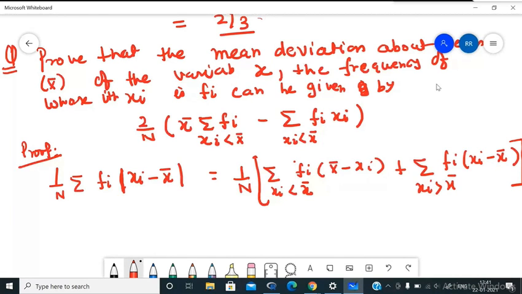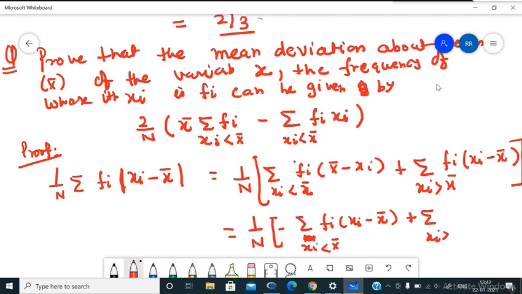Now the rest you have to do by yourself. I'm writing only one more step: minus summation over xi less than x bar of fi (xi minus x bar), plus summation over xi greater than x bar of fi (xi minus x bar).